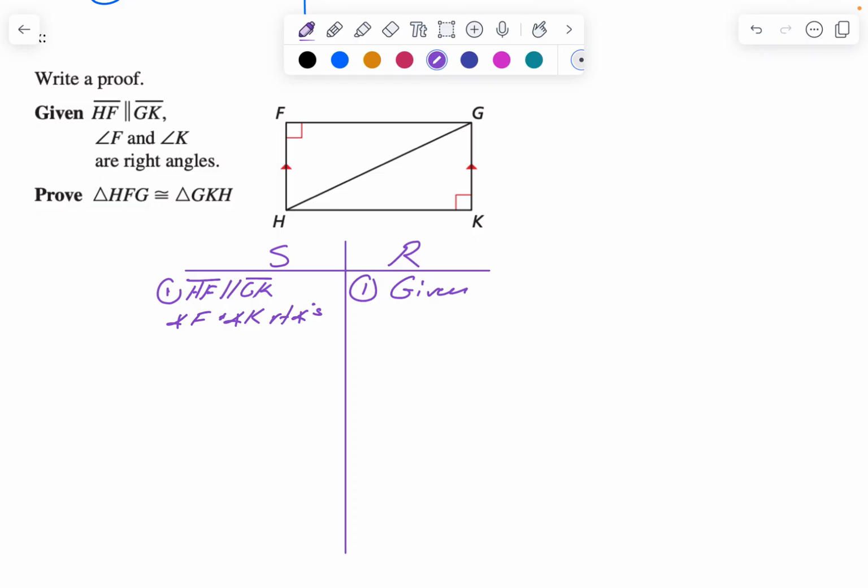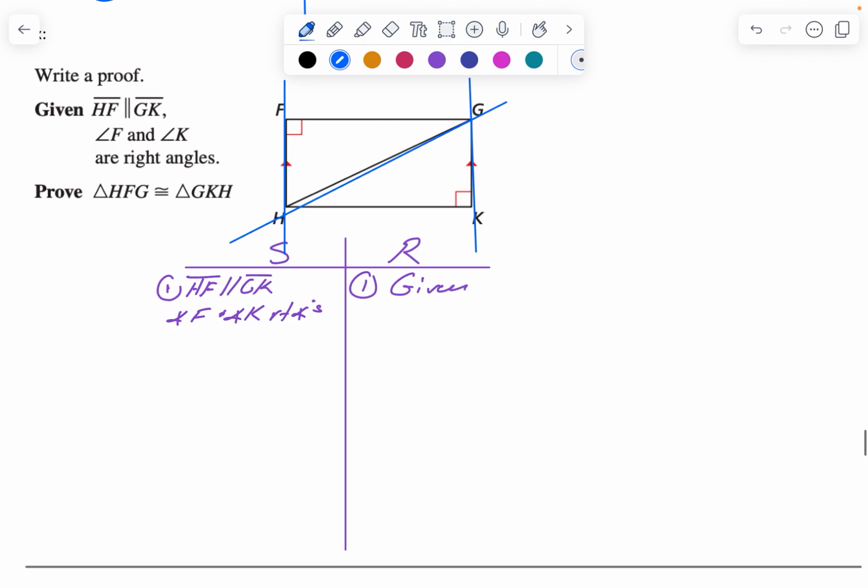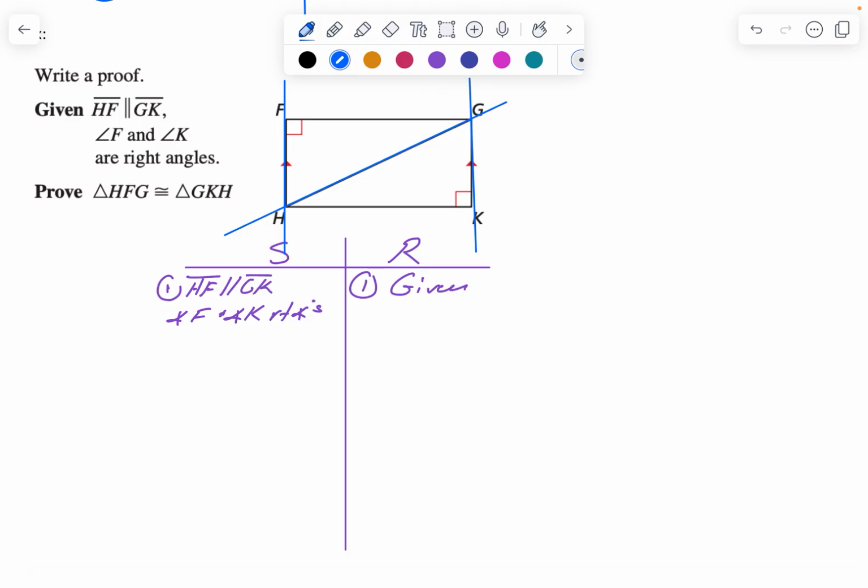Okay, so for these parallel lines, just like we did last time, let's extend those lines. And let's look at a transversal. So if we do that, we can say that this and this are congruent because they're alternate interior angles, right?